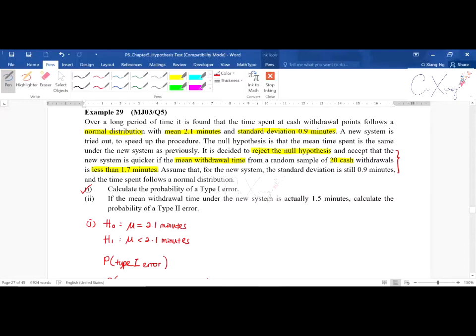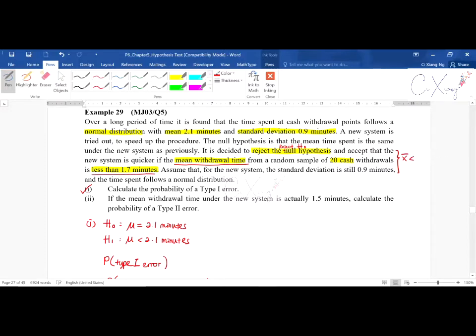All right, so here they say it is decided to reject the null hypothesis. So this one means reject the null hypothesis, and accept the new system, when the mean withdrawal time for a sample, so sample mean, is less than 1.7 minutes.